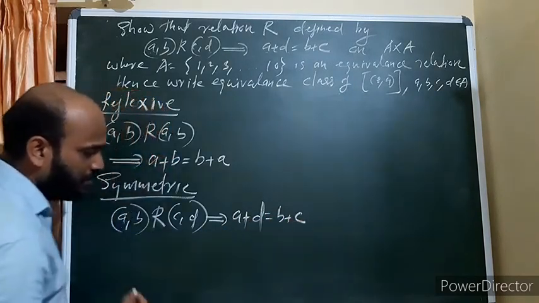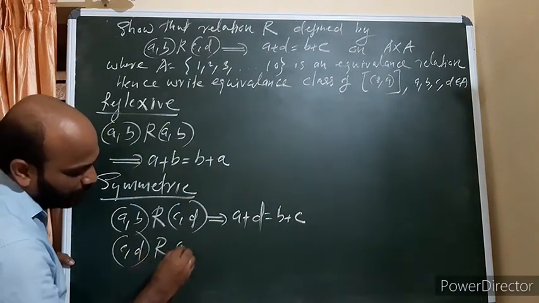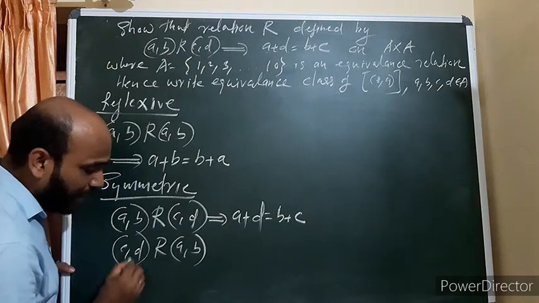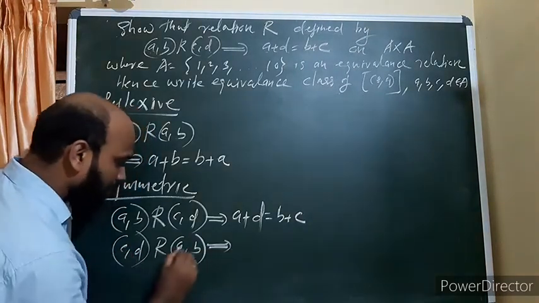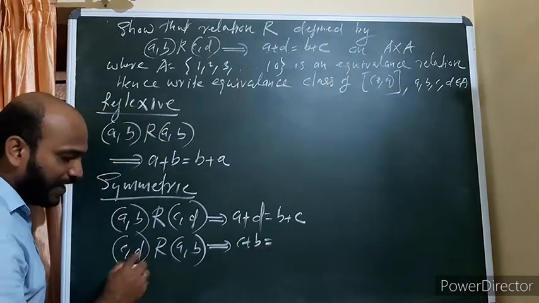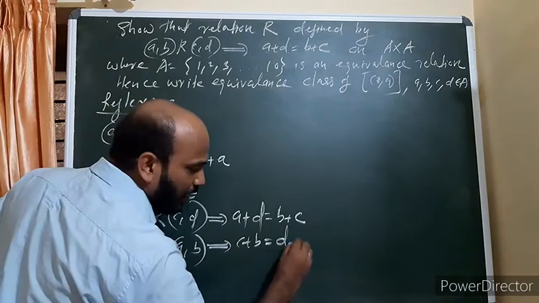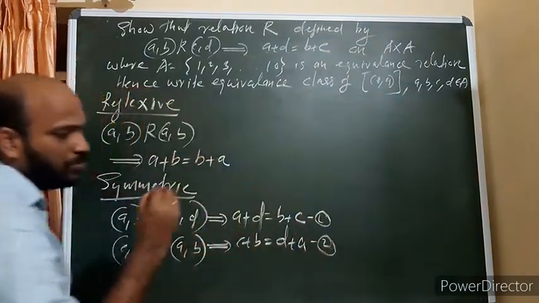Now find (c, d) related to (a, b). This implies first plus fourth, c plus b, equals second plus third, that is d plus a. Take this one as equation number 1, this one as equation number 2.